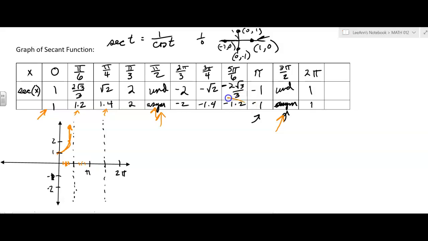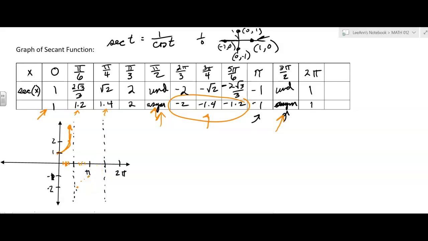But all of these values are going negative. So that first one is down at -2. And then you've got a -1.4. So I'll say about there. And then you've got -1.2. And then finally at pi, I'm at -1.